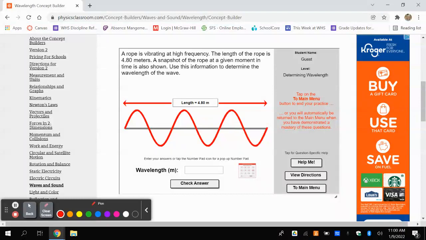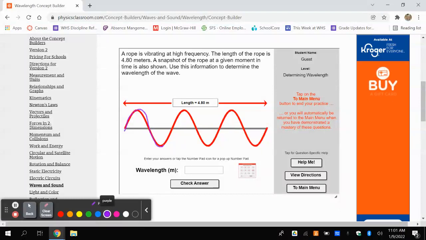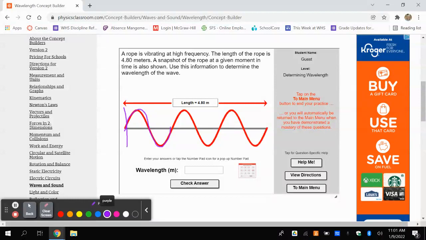So we're going to look at how to calculate the wavelength of one wave in our wave pattern. Okay, because remember, the wavelength is from one part to the next similar part on our wave. So one single wave we can measure the wavelength of, and that would be the wavelength of our wave.